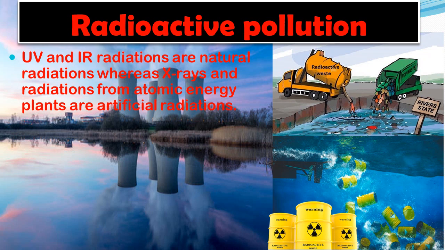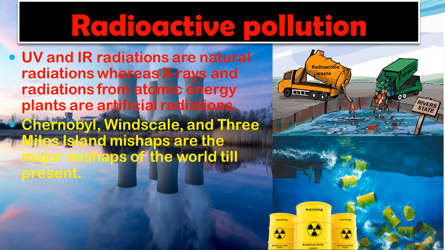So in the natural we have UV rays and infrared rays. These are the natural radiation, whereas X-rays and radiation from atomic energy plants are artificial radiation. So due to this natural and artificial radiation, radioactive pollution arises, which harms living species and the complete environment. So students, Chernobyl, Windscale and Three Mile Island are the major mishaps of the world till present.